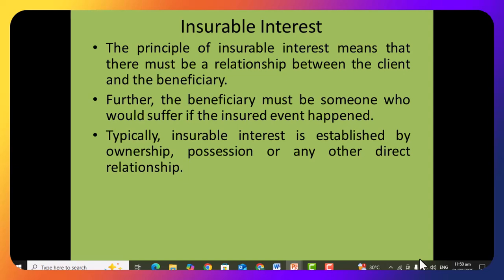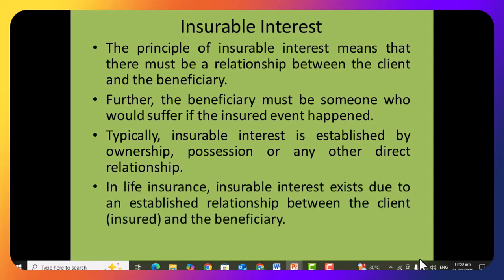So, if somebody has taken a loan from the bank and the house is mortgaged with the bank as collateral, then the bank asks the client to take insurance of the house. If something happens to the house, the first claim on the insurance amount will be the bank's, and it will recover its loan and interest from that claim and pass on the remaining to the client.